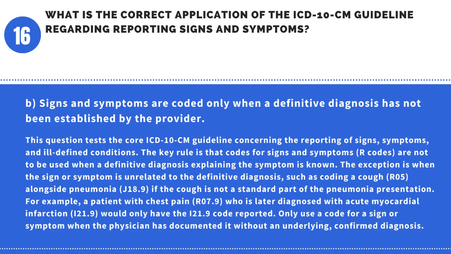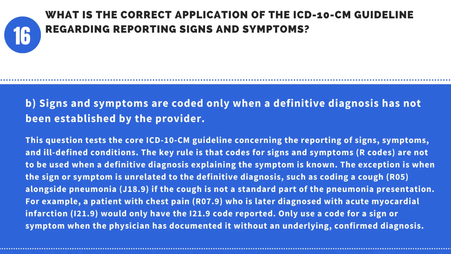This question tests the core ICD-10-CM guideline concerning the reporting of signs, symptoms, and ill-defined conditions. The key rule is that codes for signs and symptoms, or R codes, are not to be used when a definitive diagnosis explaining the symptom is known.